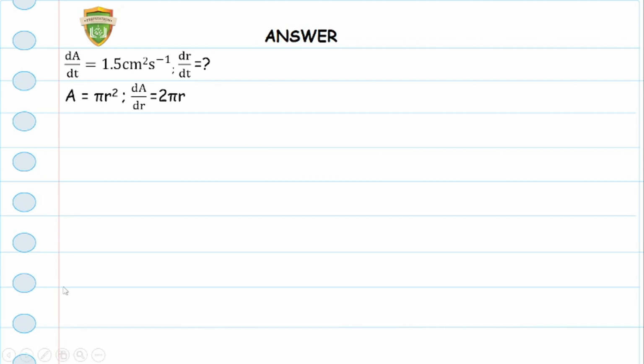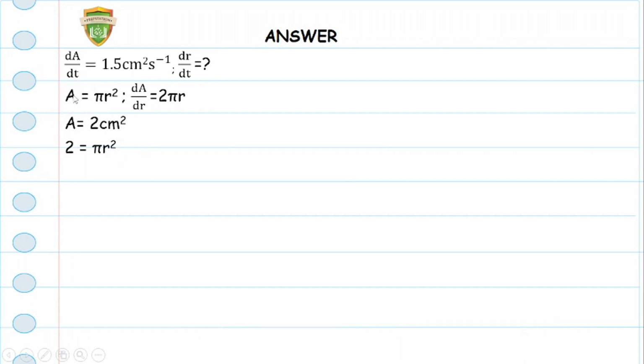But we know that the area of a circle is pi r squared. So dA over dr, differentiating A with respect to r, will give us 2 pi r. This 2 comes down, we subtract 1 from the power, and that remains 1. So dA over dr is 2 pi r. Now the question already told us that the area of the circle that we're solving for is 2 centimeters squared.